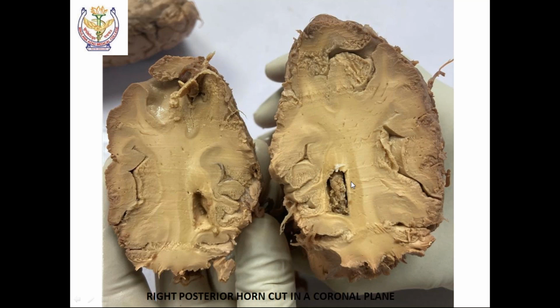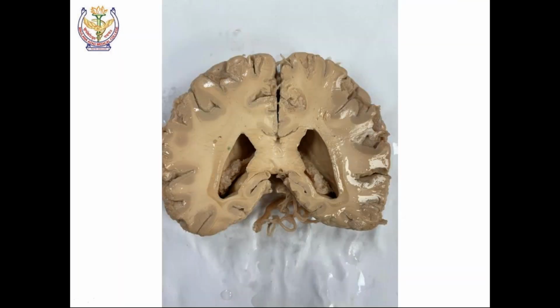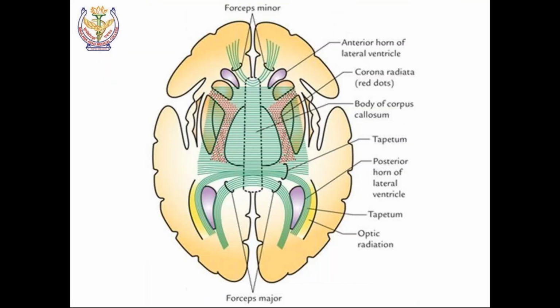These are the two surfaces of the cut part, this being the posterior half and this the anterior half. Here you see the medial surface, the right side pyramid, the lateral surface, and the choroid plexus. After that, we removed the choroid plexus to show you the rest, which you can see in the further diagram.